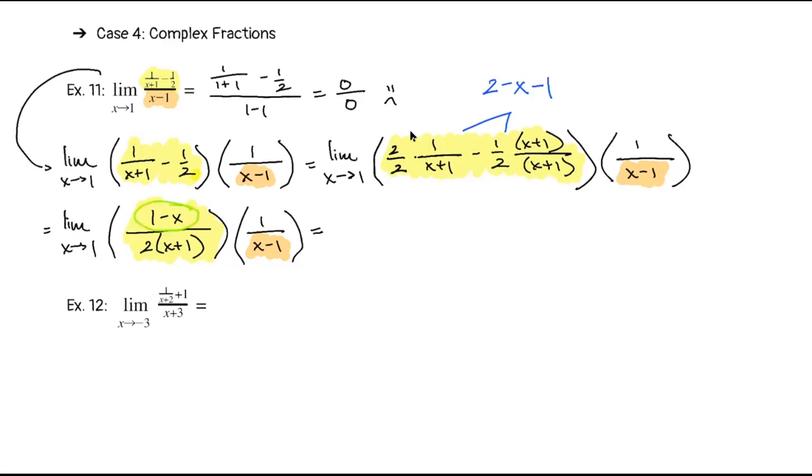This one, 1 minus x, and this one, x minus 1, when I cancel them, I don't get 1. But when I reduce them, I get negative 1. Okay. So this and this reduce to give a negative 1. We'll end up with the limit as x approaches 1 of negative 1 over 2 times x plus 1.